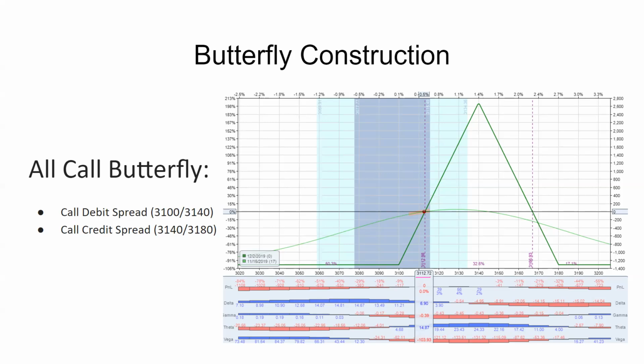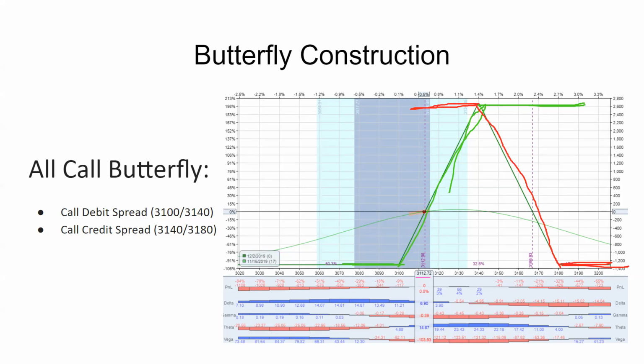This would be the first debit spread, right? This is 3100, 3140. And then we have a call credit spread, which is 3140, 3180.